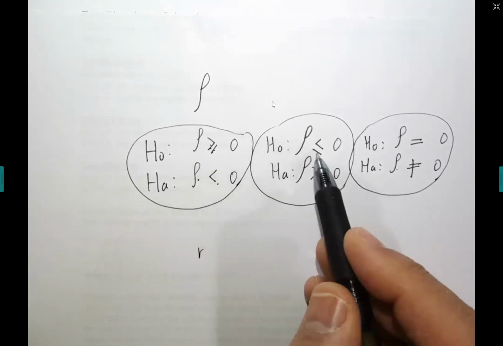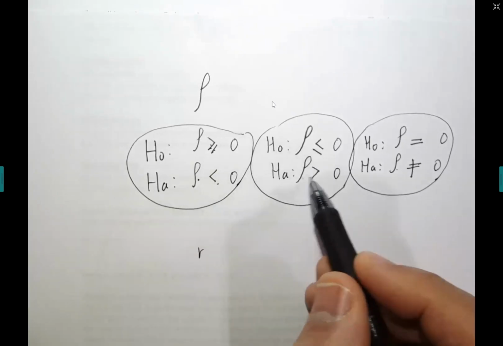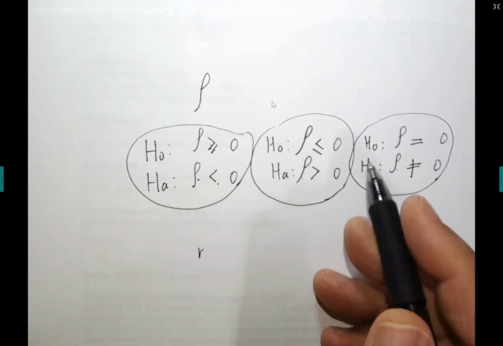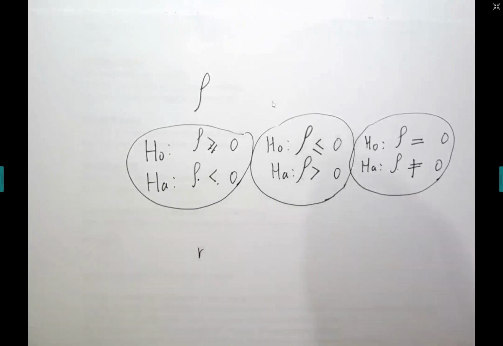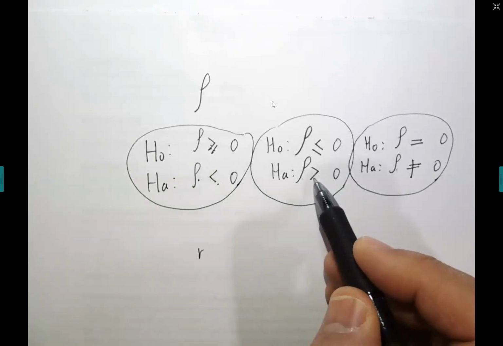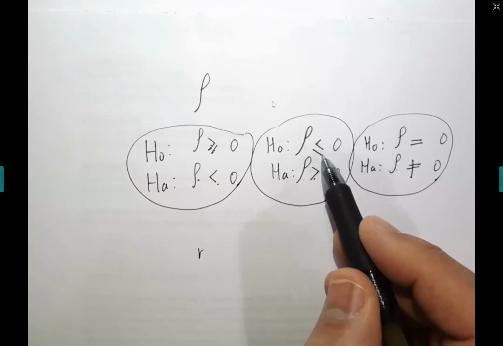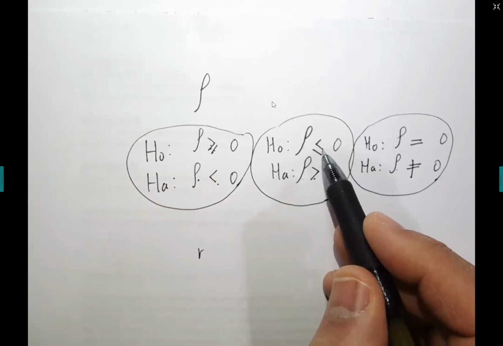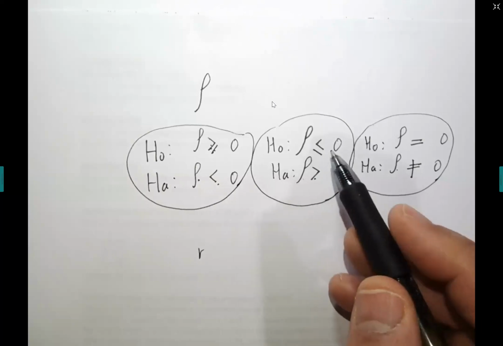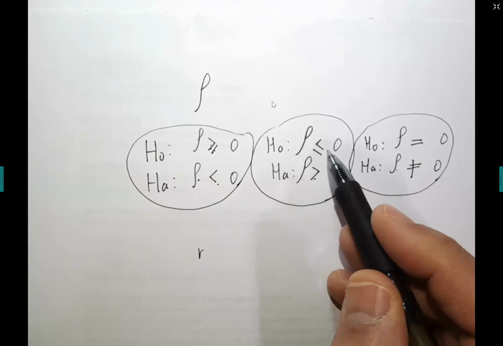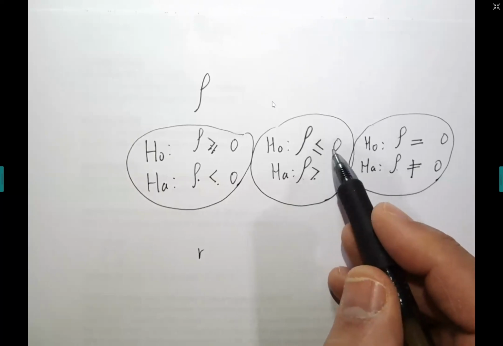Look here for number 2. When I say rho is greater than 0, I'm saying that my number is away from 0 from the positive side. So for the alternative hypothesis, the correlation will be significant. Now less than or equal to 0. Once I include 0, guys, that means the correlation is weak. It's not significant, because when R is close to 0, as far as samples, the relationship is not significant.